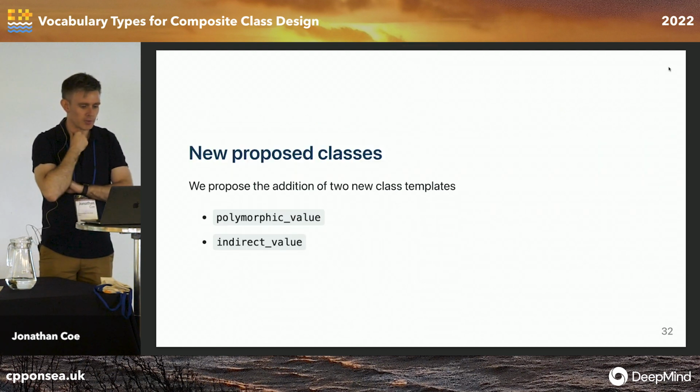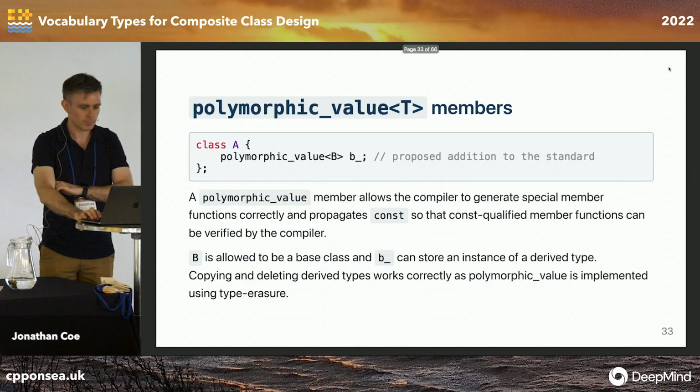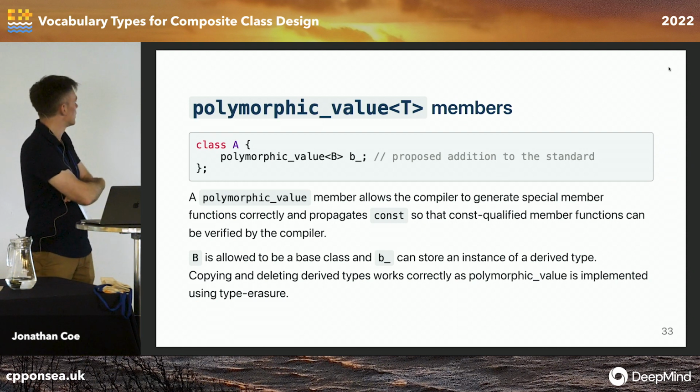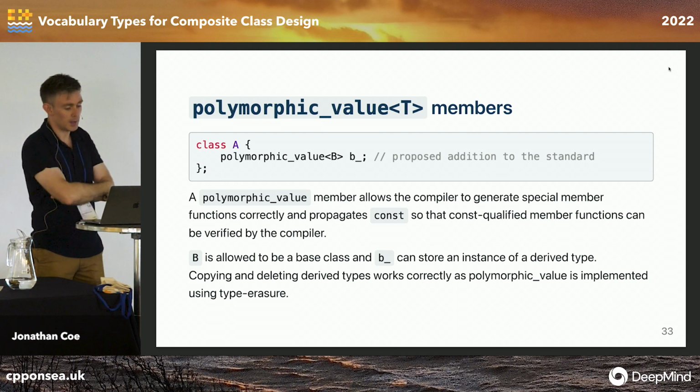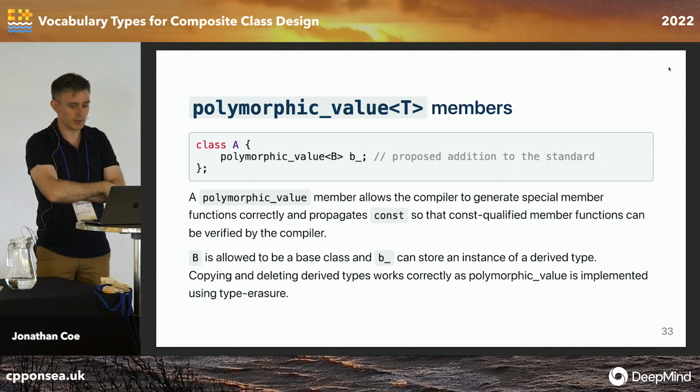So we're proposing the addition of 2 new class templates to solve these design issues we've seen. We have polymorphic value, and we have indirect value. So with polymorphic value, it's another class template, so our class A would have a polymorphic value B member, and the compiler will now generate all the special member functions correctly, and polymorphic value by design will propagate const.